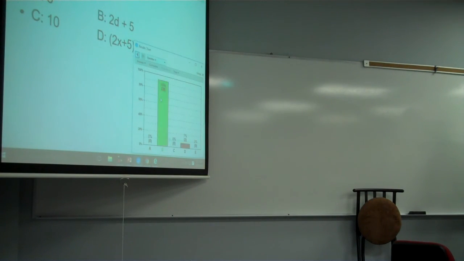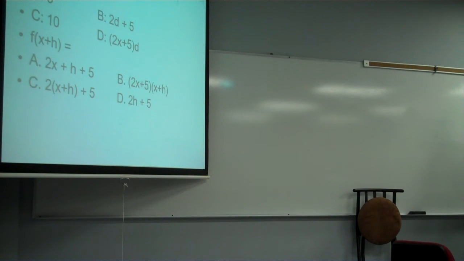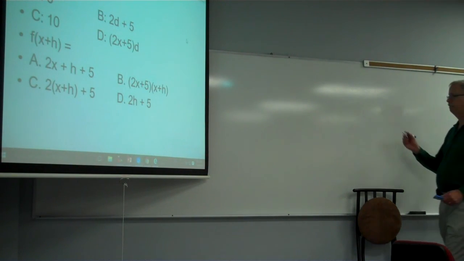It's 2d plus 5. It is not a multiplication. So when we say f of x, it's not the f rule times x, it's the f rule evaluated at x. So whatever's inside here is what's replacing x in the rule. And maybe we can evaluate it more like we did with f of negative 1. Maybe we still have to leave it in terms of a variable. So what would you say about this one? F of x plus h.